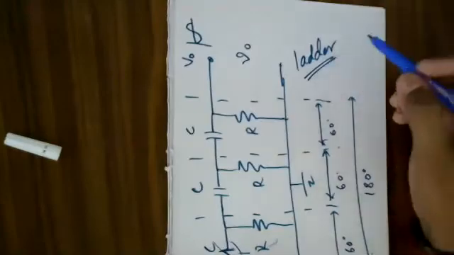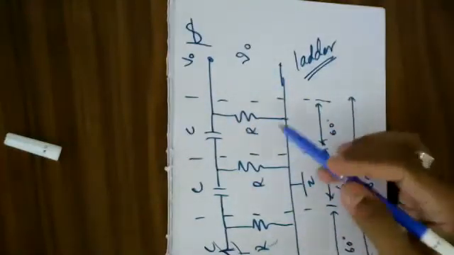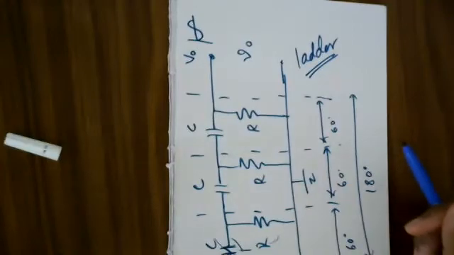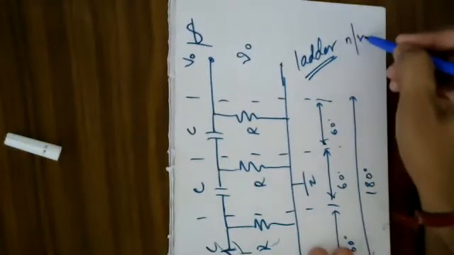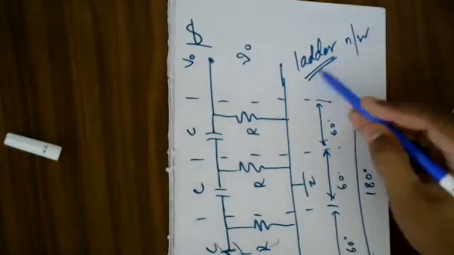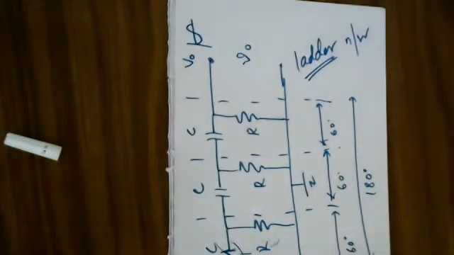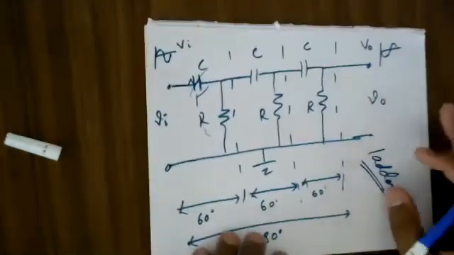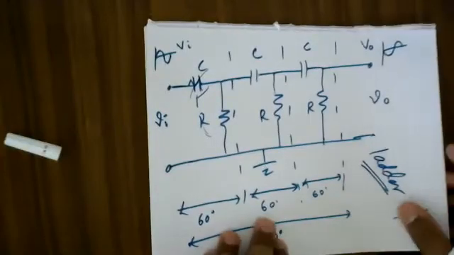Since it's like a ladder, this particular circuit, an oscillator, is also called a ladder network or ladder oscillator. So this is an alias name for the RC phase shift oscillator. The RC phase shift oscillator is also called a ladder oscillator. Okay, is it clear to you? Any queries on this topic we discussed?